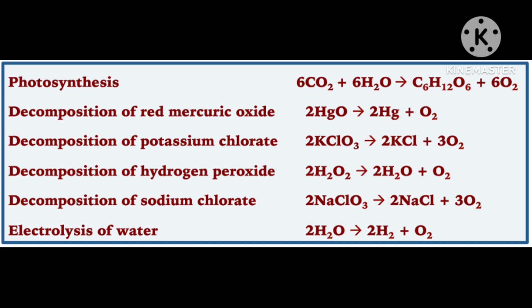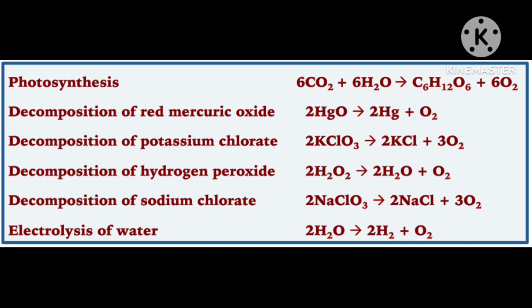For example, CaO, calcium oxide, combines with water to give calcium hydroxide, Ca(OH)2. OH means basic, correct? In general, all metallic oxides are basic.